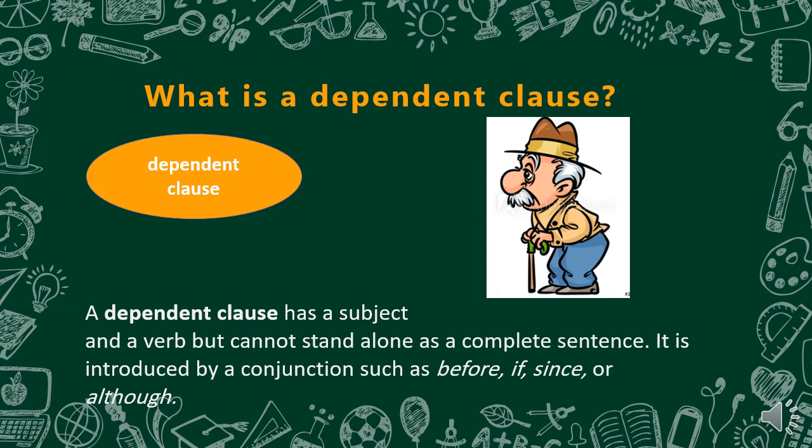So at the beginning of the dependent clause, you're going to find something to help the clause. Like what? Like before, if, since, although, and many other conjunction words. So the dependent clause cannot stand alone. It needs help. And at the beginning of each dependent clause, you're going to find a conjunction, a helper: before, if, since, although, and many others.